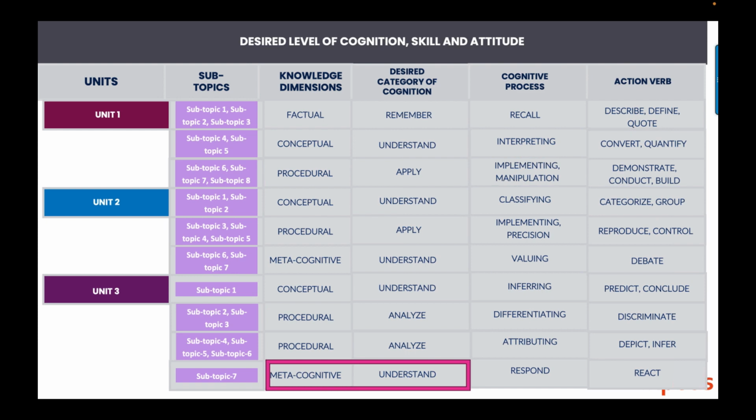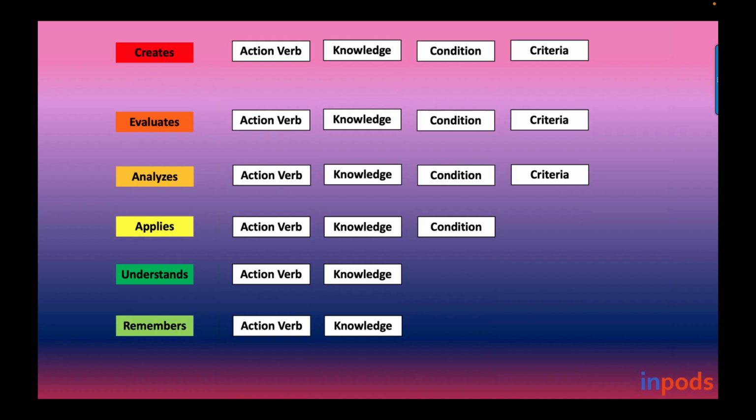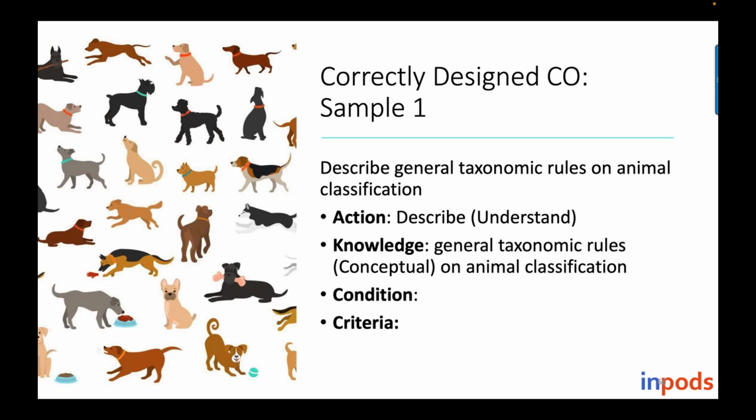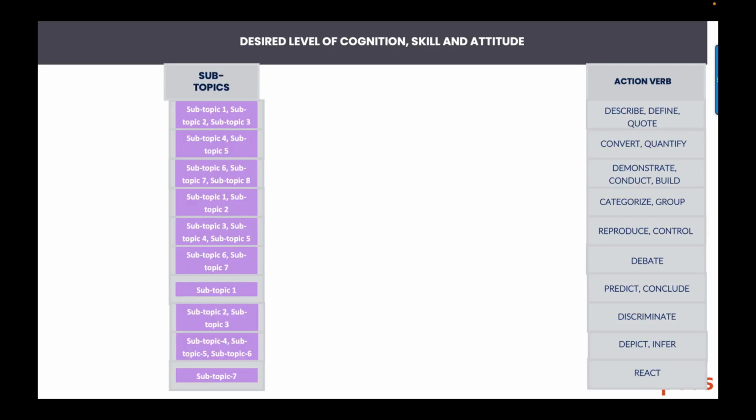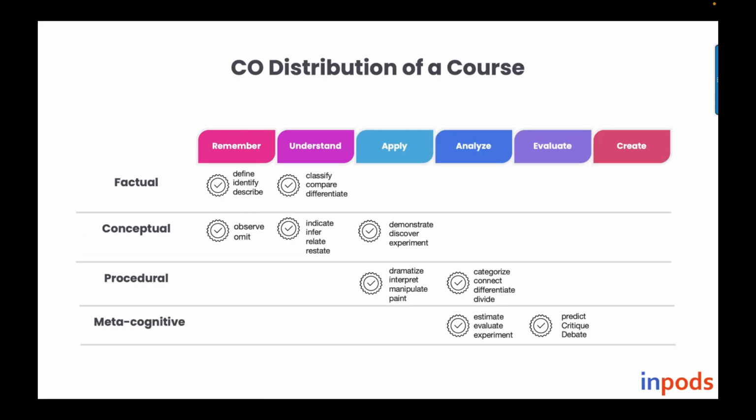So the course outcomes are nothing but the thoughts about how you are going to evaluate and assess the students, whether or not they are reaching the desired cognitive level, right? That's why it gave us the definition of the course outcomes in this manner.